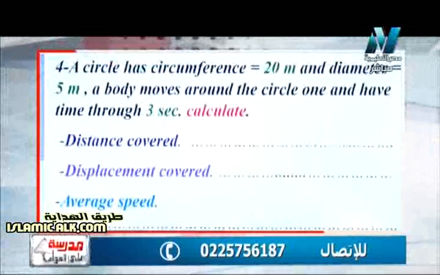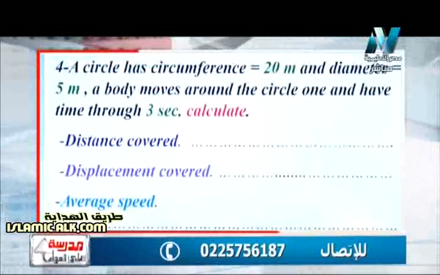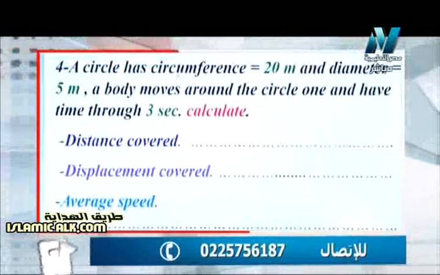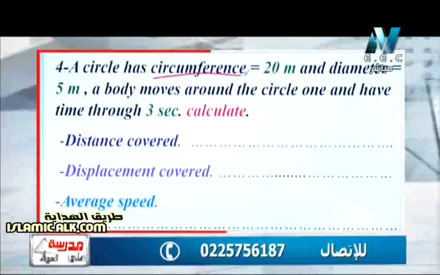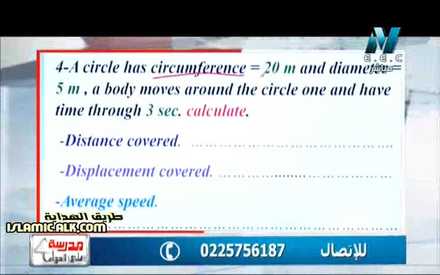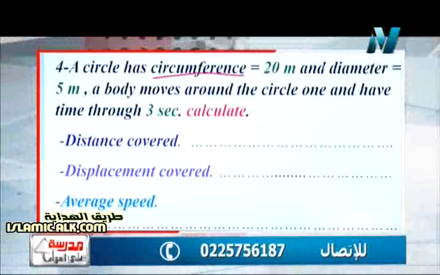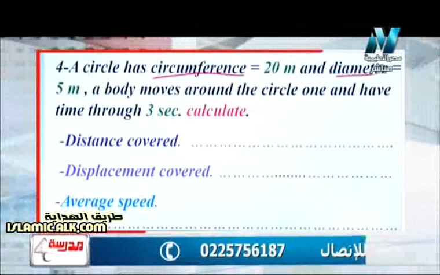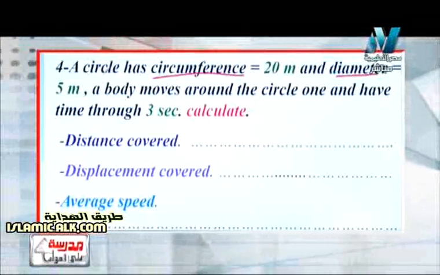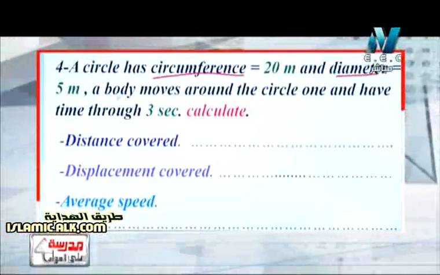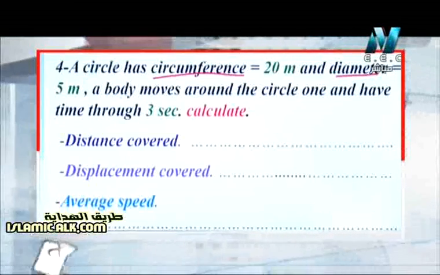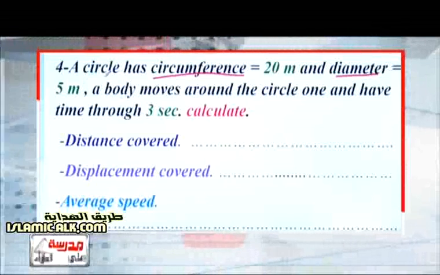Firstly, we should know we have here number one, the circumference of the circle. At the same time, we have the diameter of the circle. We know circumference is the whole distance around the circle.